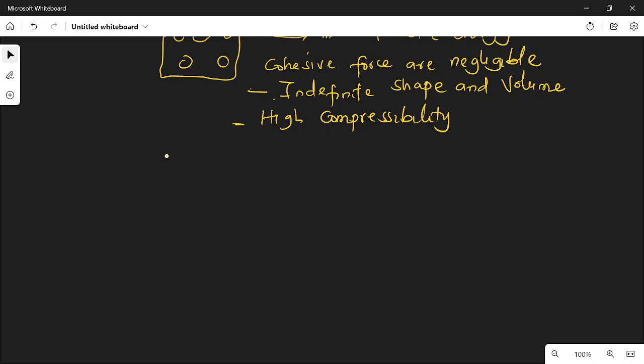Now we have some phenomena that support the kinetic theory.